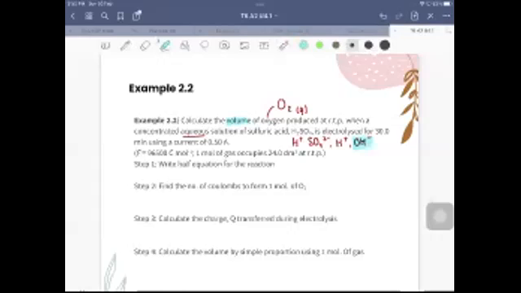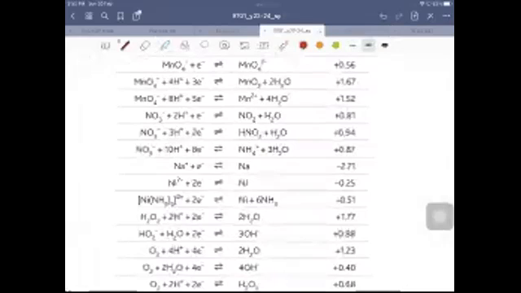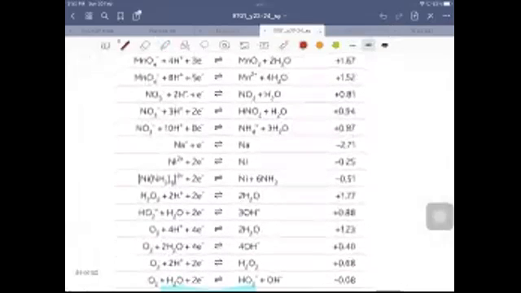And again, if you don't remember, at the anode, oxidation is happening. That means you have to work out the half equation first. If you don't remember, you can always go through your data booklet and find where O is, because they are arranged alphabetically.